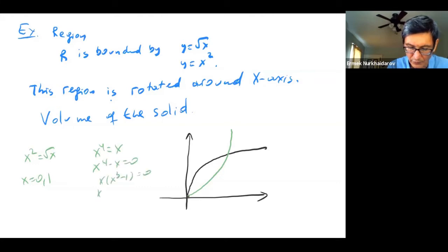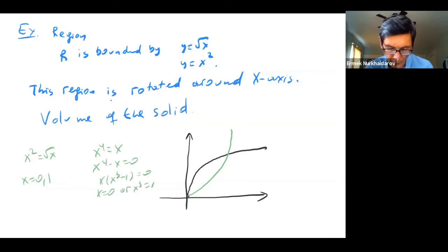So x equals 0 or x cubed equals 1. So x equals 0 and x equals 1. Therefore our points become 1, 1, because y equals x squared, 1 squared is 1, and the other endpoint 0, 0. Okay.